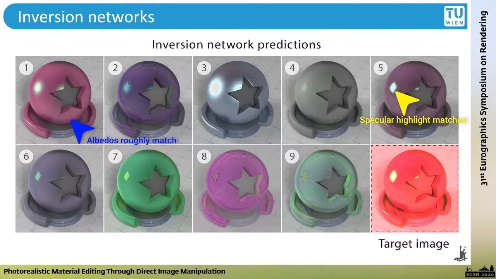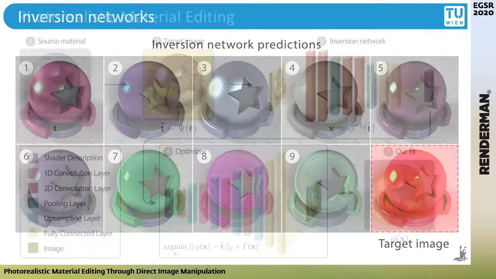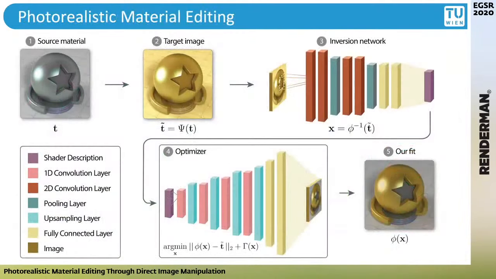So, we have 2 techniques, none of them are perfect for our task, a fast and approximate solution with the inversion networks, and a slower optimizer that can slowly inch towards the target image. Our key insight here is that we can produce a hybrid method that fuses the 2 solutions together. The workflow goes as follows.